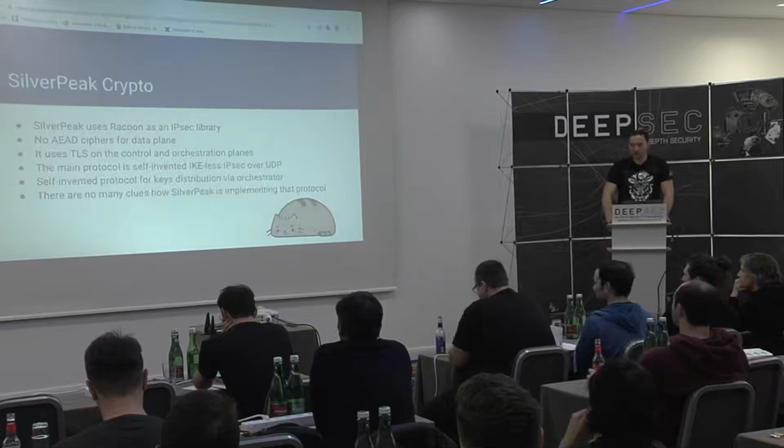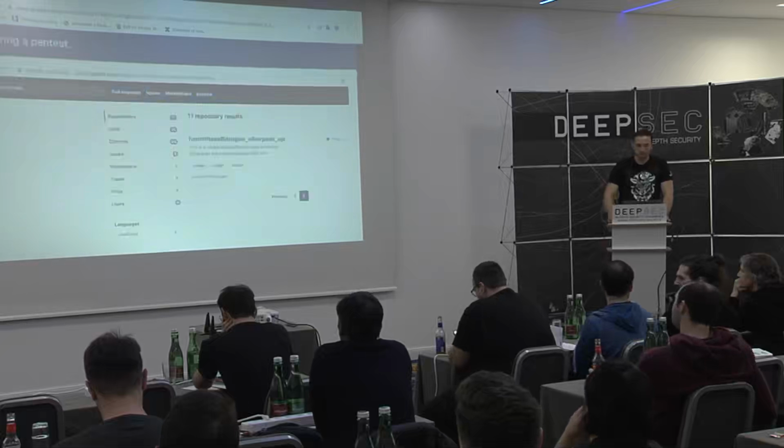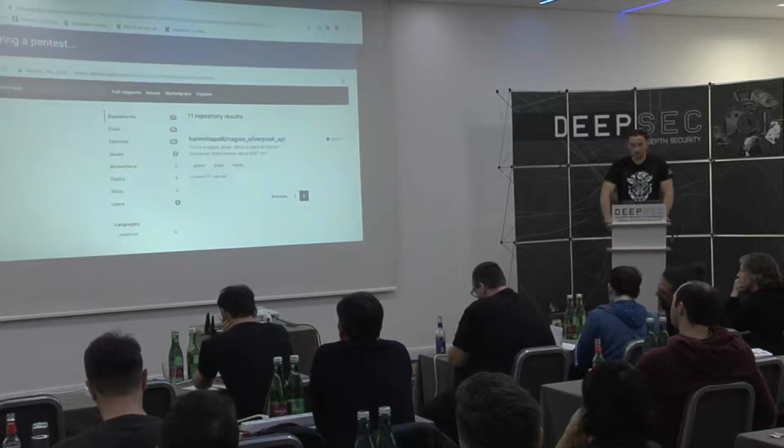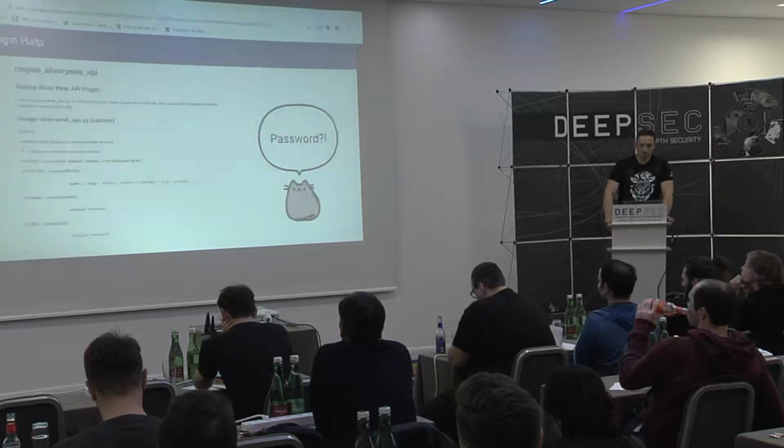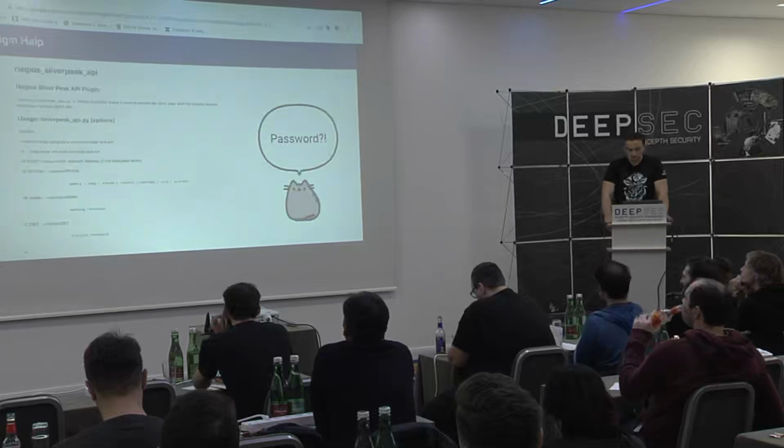No AAD primitives, old libraries, self-invented protocols, and so on. And during a pen test, we decided to look for different automation scripts for Silver Peak on GitHub. And we found a very interesting script.